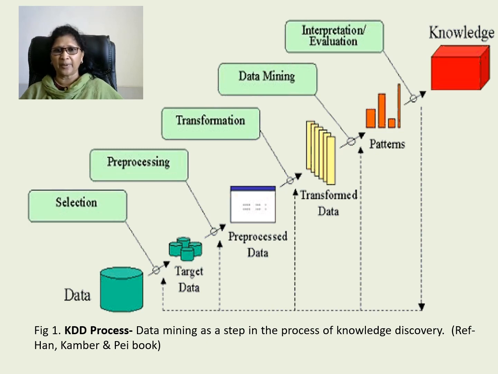Then the next step is data pre-processing, which we shall be learning in today's lecture and the forthcoming lecture, where we pre-process our data and make it ready for data mining. Data transformation is the next step, in which data is transformed and consolidated into forms that are appropriate for mining. And data mining here is shown as one of the steps of the KDD process.